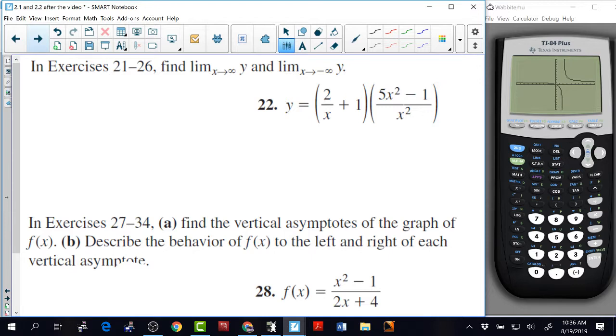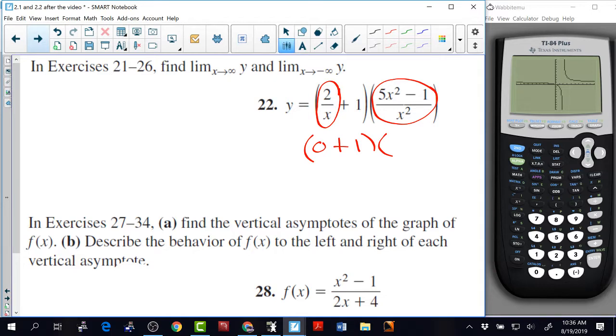All right, so limit as x approaches infinity and negative infinity of this function. When you have something like this, I would just take it one piece at a time. What happens when x goes to infinity for that piece? 0. So 0. Limit as x approaches anything of 1 is just 1. What about ending behavior for this right here? 5.